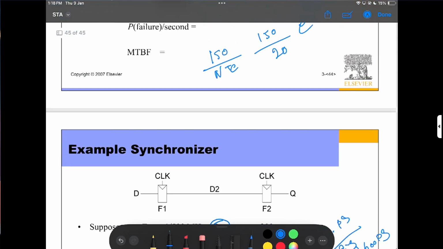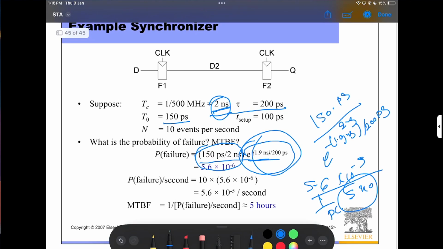So I discussed this in a 45-page PDF, where I discuss a little bit of SR latch and how to make a D latch using an SR latch, and thereafter more problems I solved from STA, static timing analysis, and also some questions with solved problems of skew.